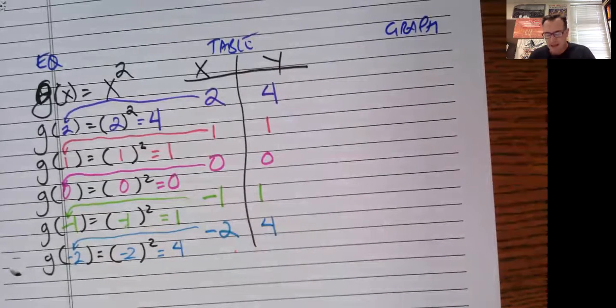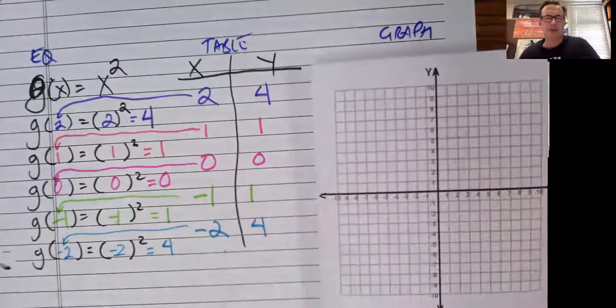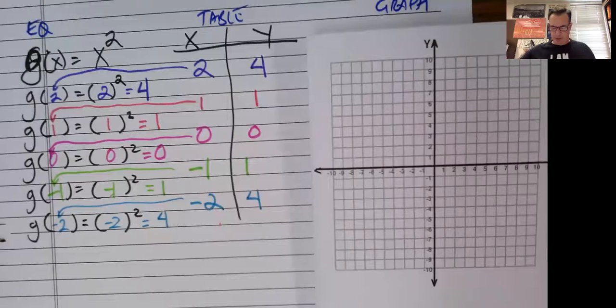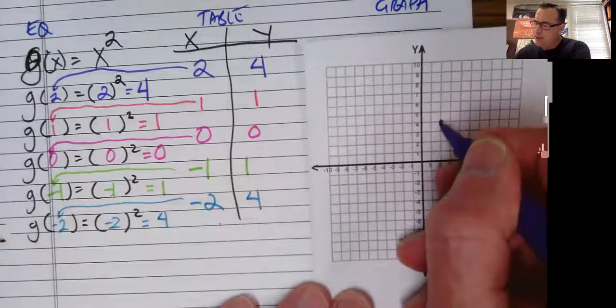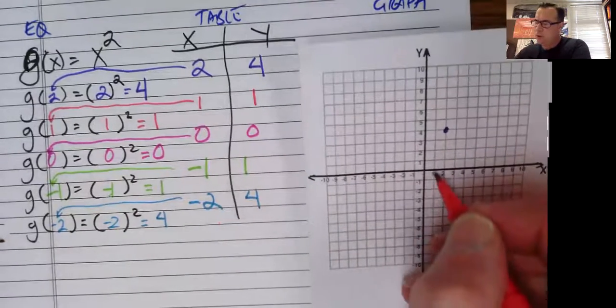Now, this is going to be an interesting graph, because what we should be able to do is see where everything is when we're done with this. So let's see how this works. We're going to start with 2, 4. So I go over 2, up 4. That's going to be right here. Okay. Then 1, 1, over 1, up 1.